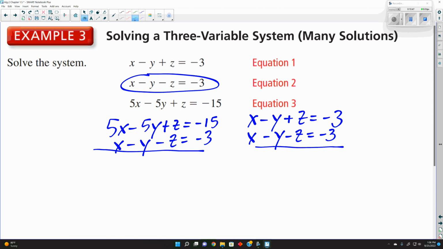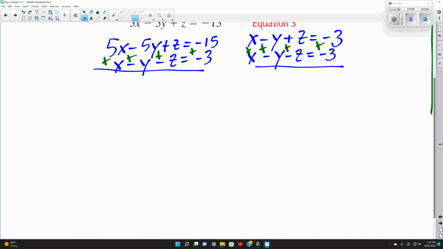Since the signs are opposite, we would add. When we look at this here, for the first one, 5x plus x is 6x. Negative 5y minus y is negative 6y. Z plus negative z is 0. And negative 15 minus 3 is negative 18. So if we eliminated z, this is what we get.